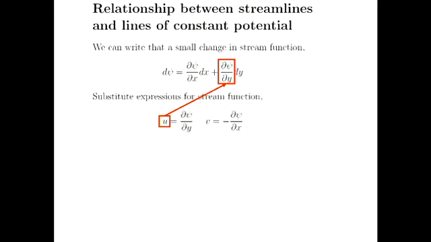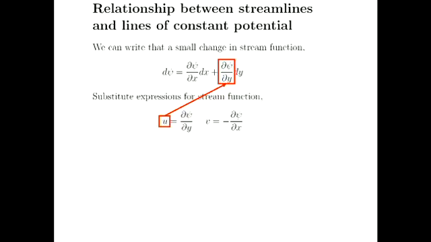Because it's only a function of x and y. Then, if I want an equation for a line of constant stream function, what do I know that d psi is going to be equal to? 0, right?